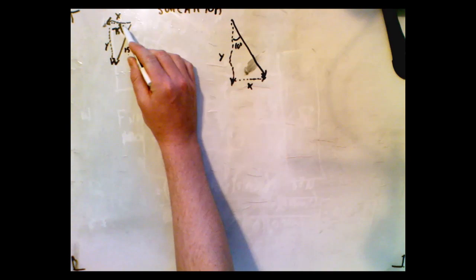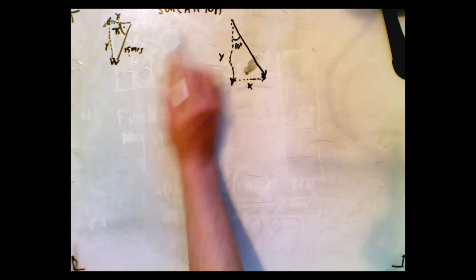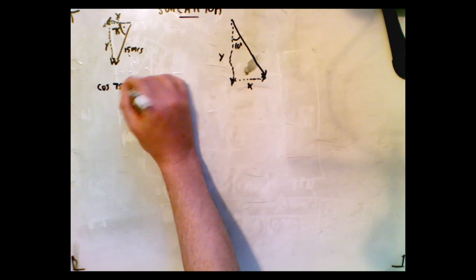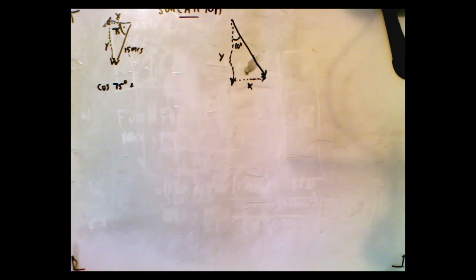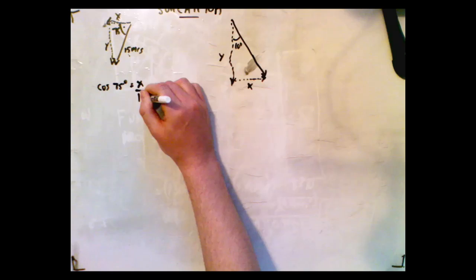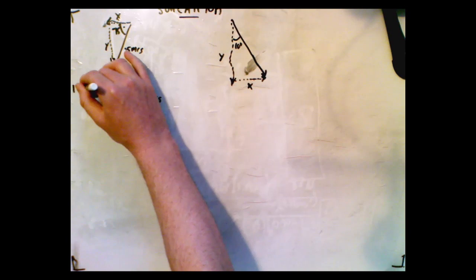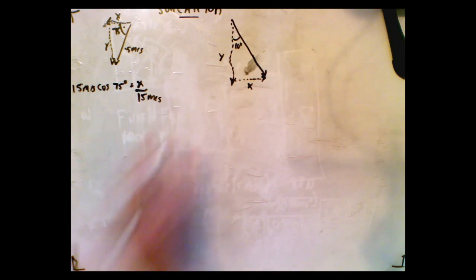So to find X, we have adjacent and we have hypotenuse. So I'm going to set it up. Cos of 75 degrees is equal to adjacent, which is my X, over my hypotenuse, which is 15 meters per second. Move that 15 meters per second up there.